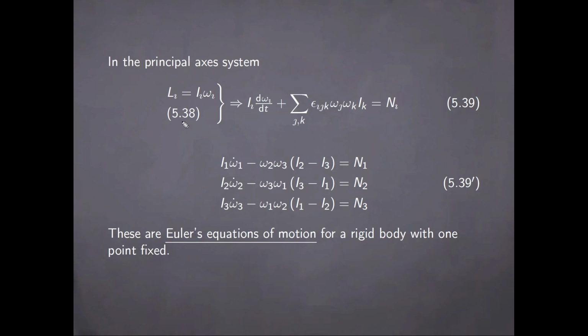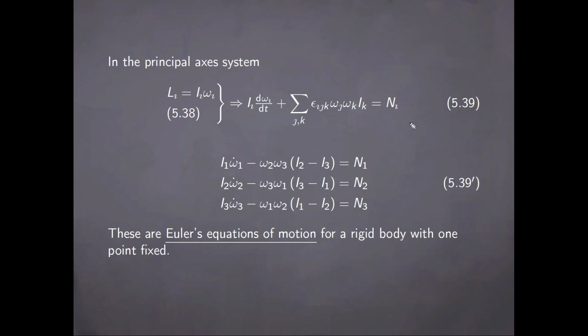So these together with 538 lead to the equation here. There is no summation over I. These are 3 separate indices, 1, 2, and 3, corresponding to 3 equations, but we do have a summation over the J and the K indices here.